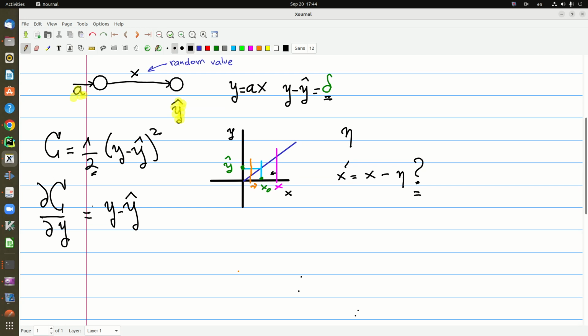Note that this difference here, we have already named it as delta. So this is delta.